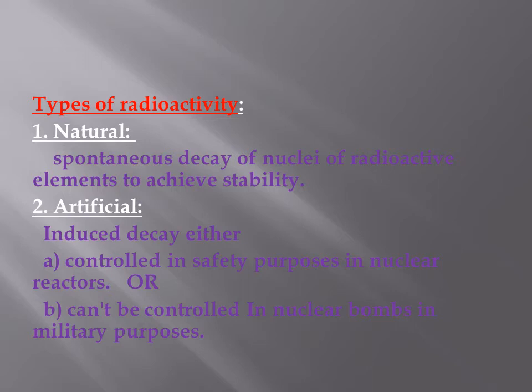Now we are going to move to the types of radioactivity. As you can see, we have two types: either the one which is found in nature, or the one which is man-made. The one found in nature is spontaneous. Spontaneous means the atom does it by itself.